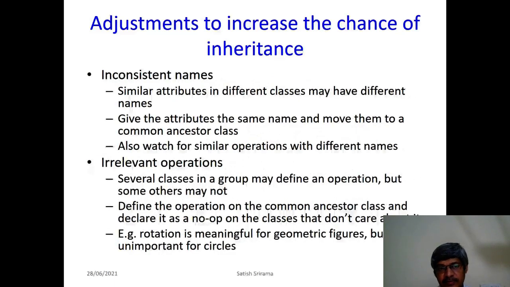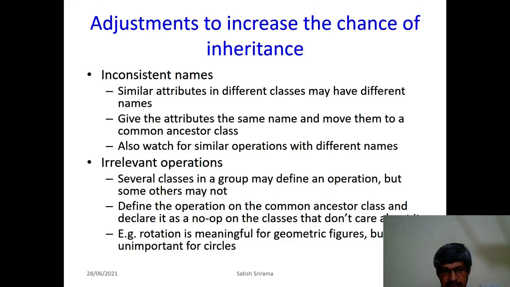The next adjustment possible is with inconsistent names. There can be times when there are similar attributes in different classes, but they have different names. Then the point is to give all the attributes the same name, if their behavior is the same, and move them to a common ancestor class.